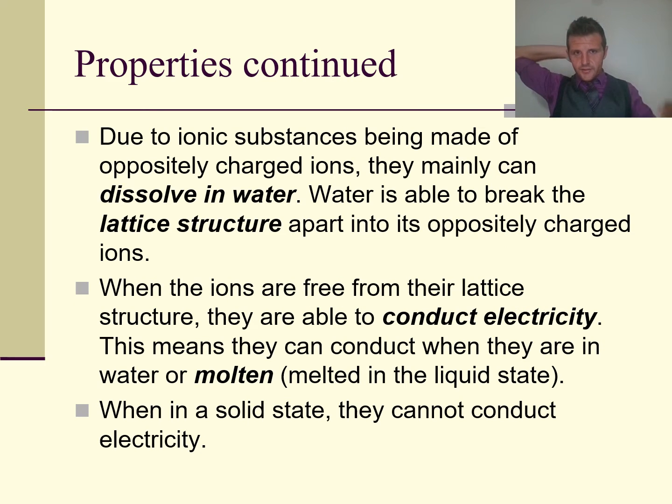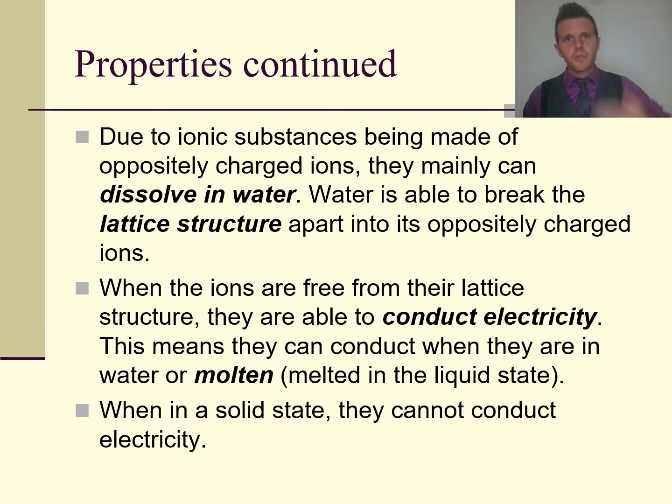Ionic substances, since they're oppositely charged, what that means is they can dissolve in water. Water has two halves. There's a positive half and a negative half. The hydrogens are kind of positive and the oxygen is kind of negative. So water is able to latch on to the oppositely charged parts of the lattice and break it apart.